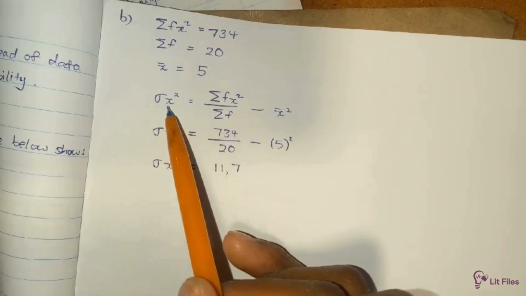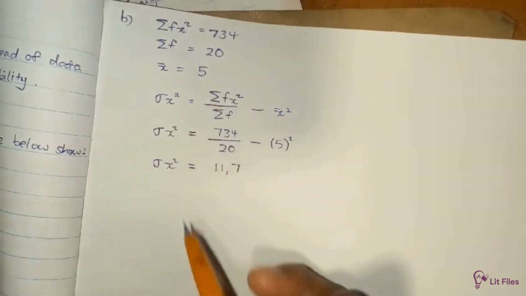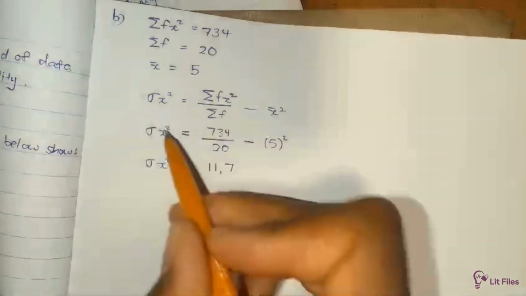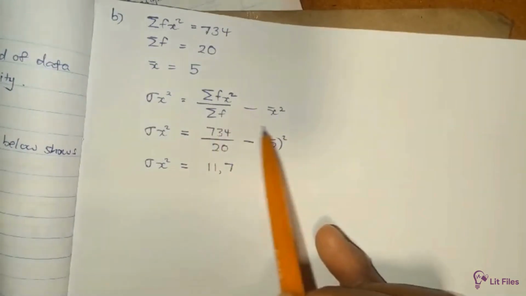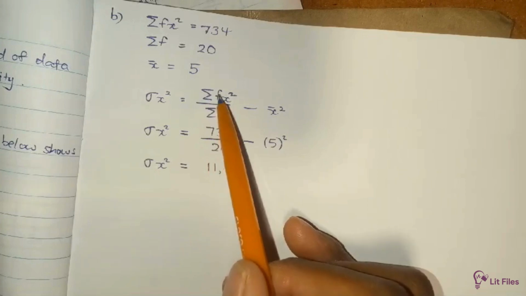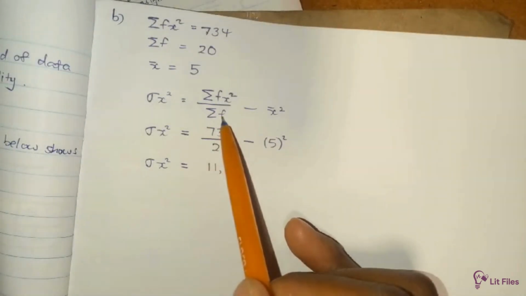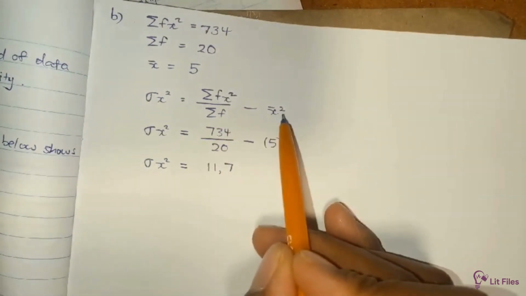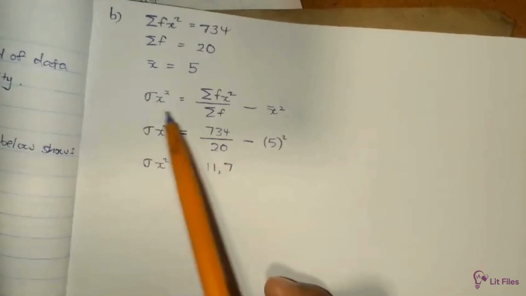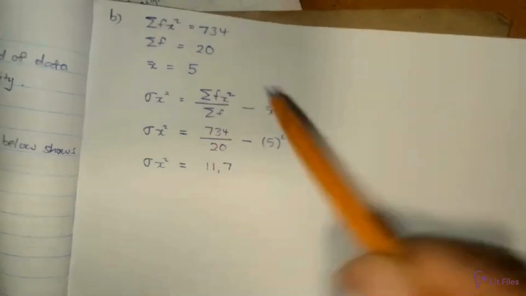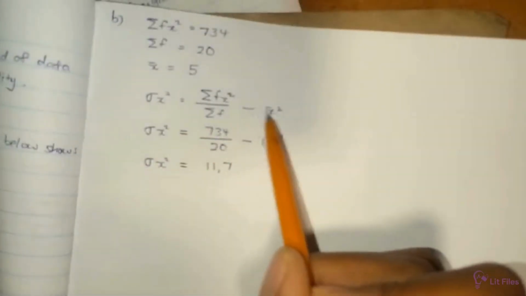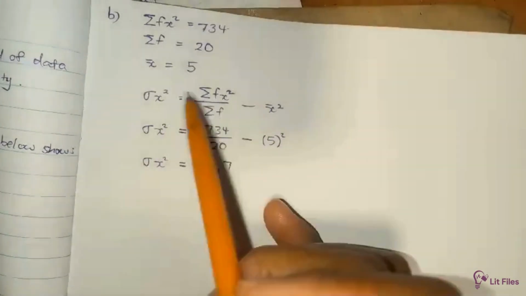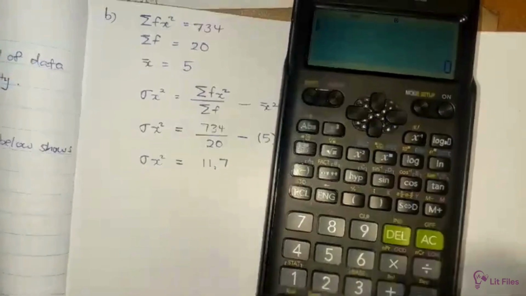Sigma is the standard deviation, and the standard deviation is the square root of the variance. A formula you can use is sigma f x squared over sigma f minus x bar squared. So the variance is basically the mean of the squares minus the square of the mean. Here we can use our calculator for that purpose.